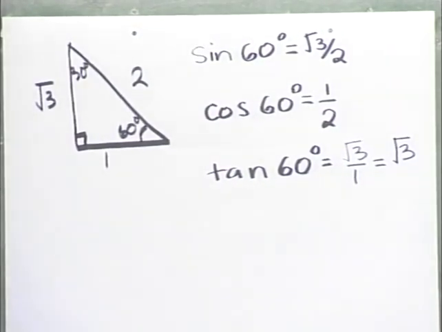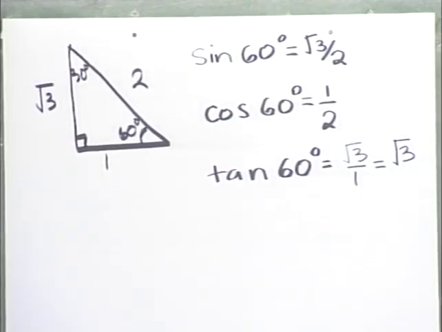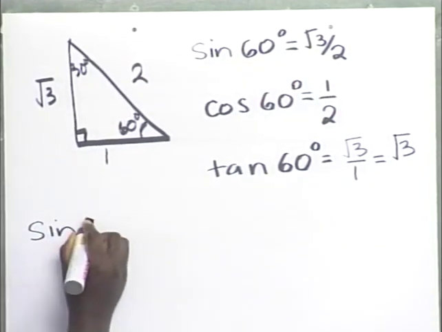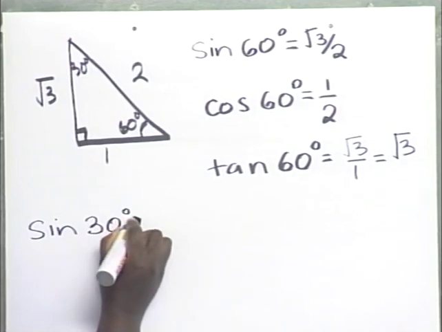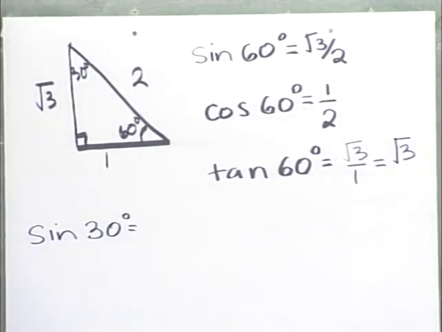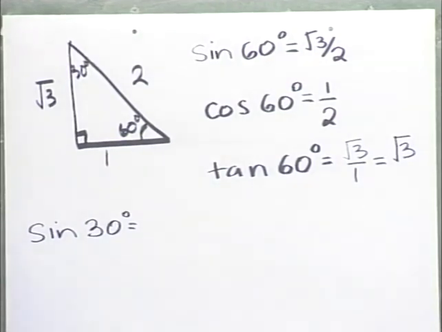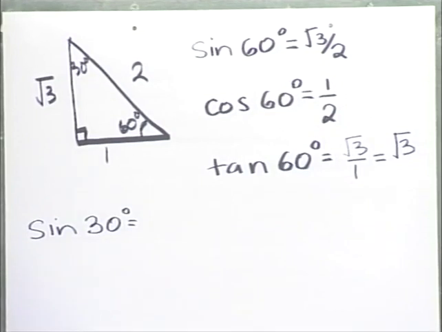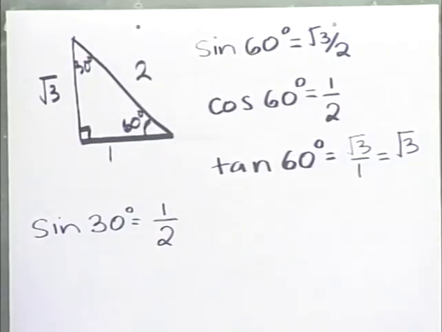Now, the trig ratios for 30 degrees. Sine of 30 degrees, Ponrele? 0.5, which is a half according to this diagram.